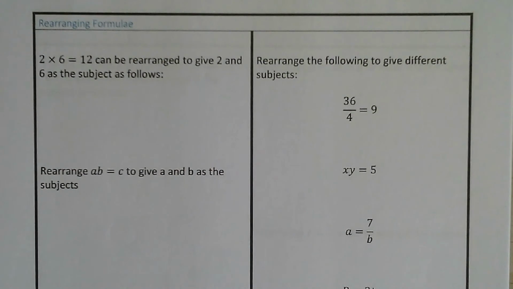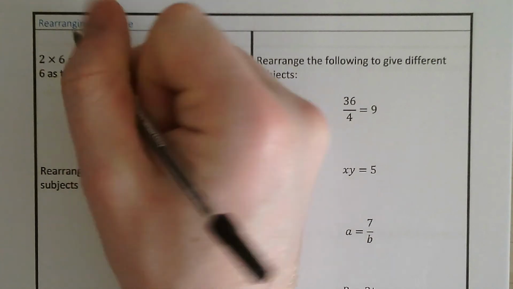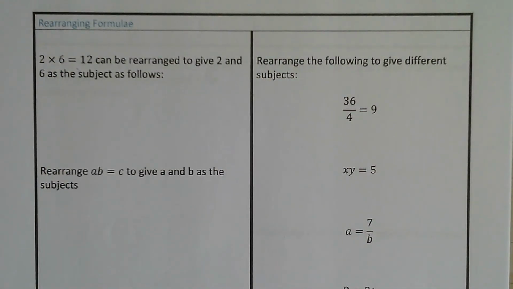On to the final section of the work, and we're looking at rearranging formulae. Our first example is showing how 2 times 6 equals 12 can be rearranged to give 2 and 6 as the subject. In this calculation, 12 is the subject as it is isolated by itself on one side of the calculation.